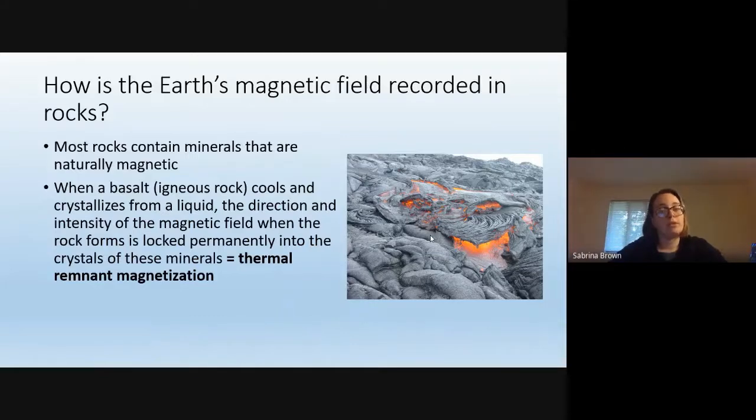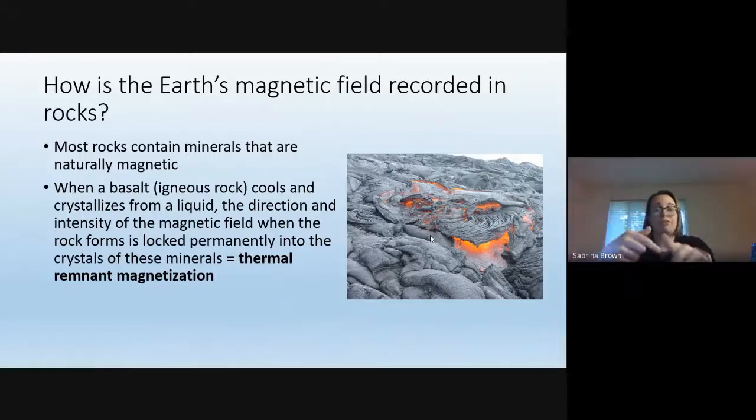So when an igneous rock called basalt cools and crystallizes, the direction and the intensity of the magnetic field when it formed is locked permanently into the crystals, right? Because those minerals that are naturally magnetic line up with the current magnetic field. And then as that liquid cools and solidifies, they are stuck there. And we call that thermal remnant magnetization.